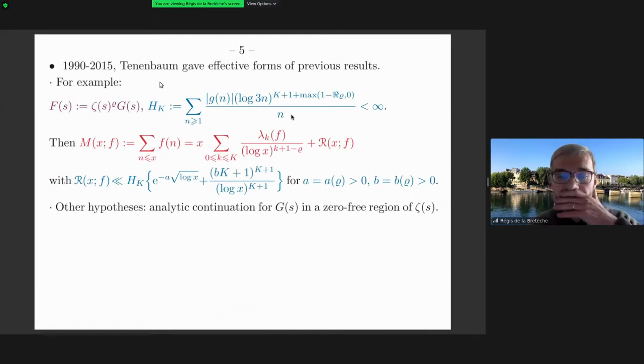Okay, so there is also another hypothesis. You can assume that G of s satisfies an analytic continuation in the zero-free region of zeta of s.